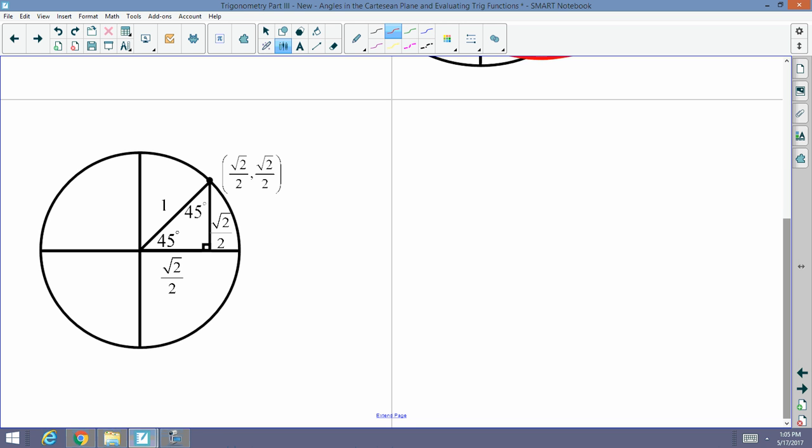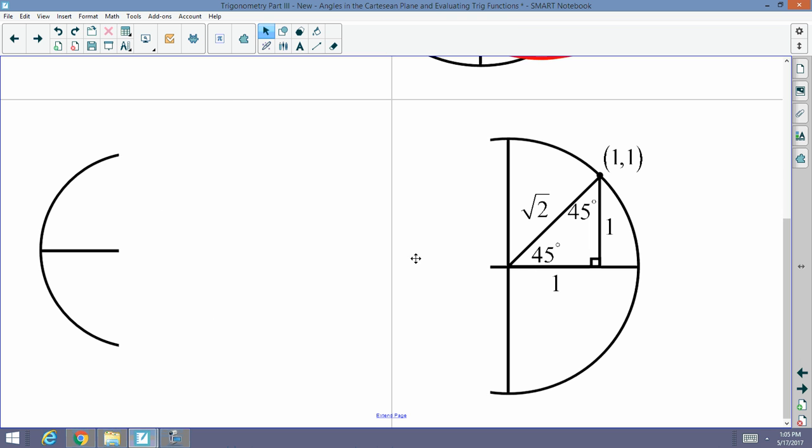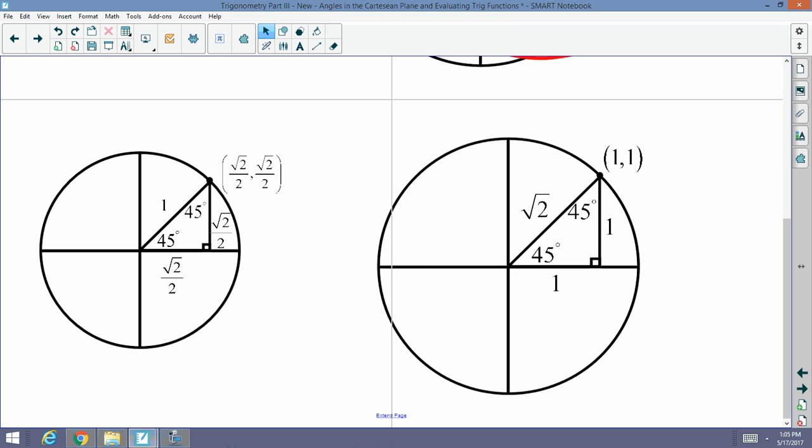This is a pure 45, 45, 90 in a unit circle. Okay? But these things are nasty with fractions. So what we did here to create the 45, 45, 90 triangle that we work with is we went ahead and multiplied everything by square root of 2. What's 1 times square root of 2? Square root of 2.